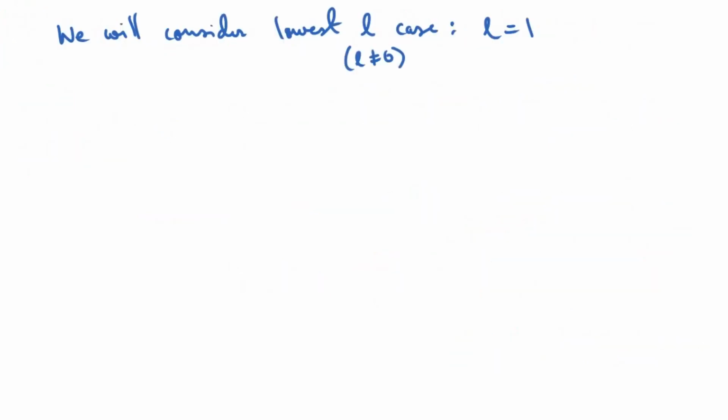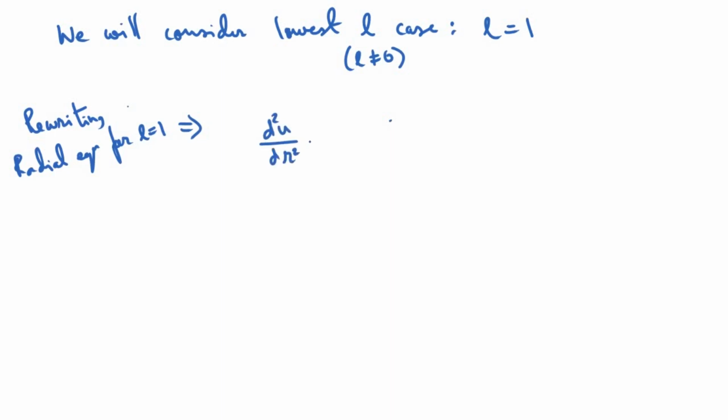Let me rewrite. For L is equal to 1, rewriting the radial equation, we have d2u/dr squared minus 2 by r square into u is equal to 0.